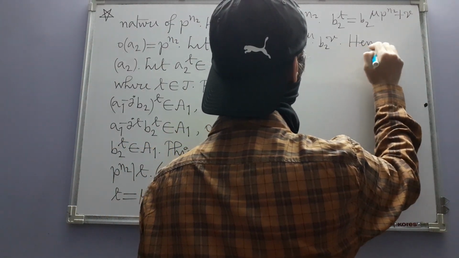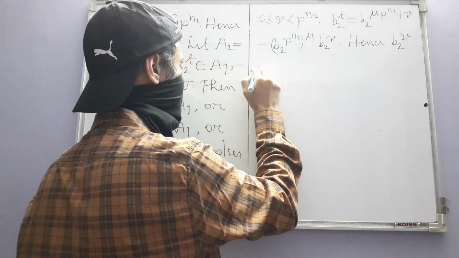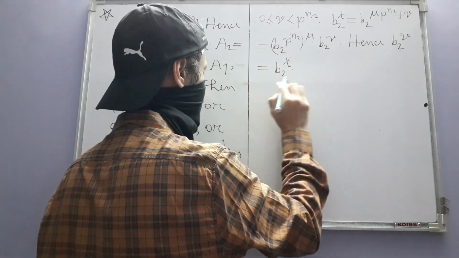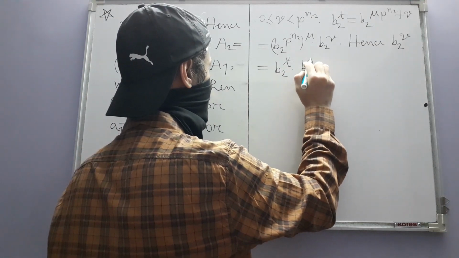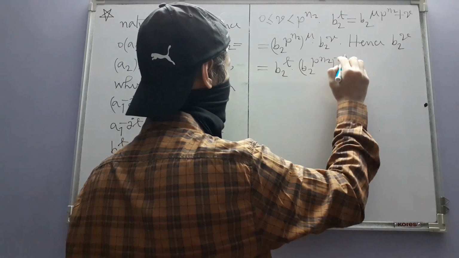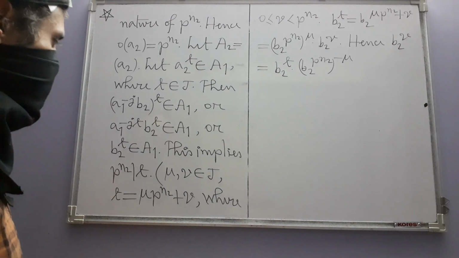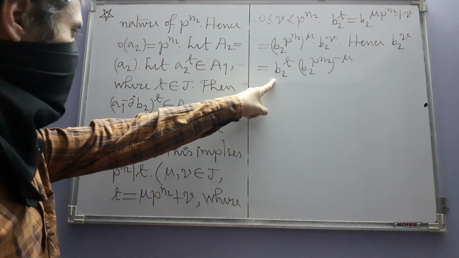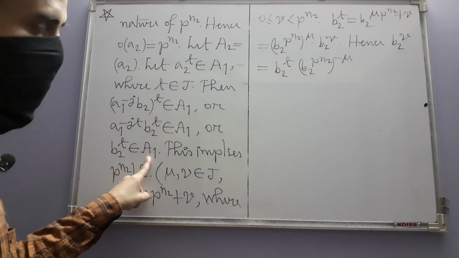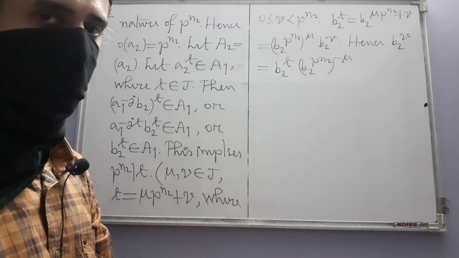Hence, b2 to the power nu is equal to b2 to the power t times b2 to the power p to the power n2 to the power minus mu. Okay, now look carefully. b2 to the power t belongs to capital A1 and b2 to the power p to the power n2 also belongs to capital A1.